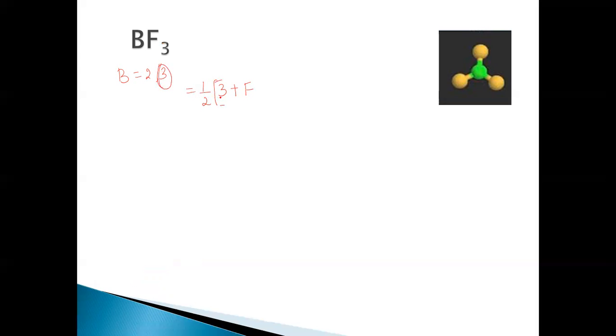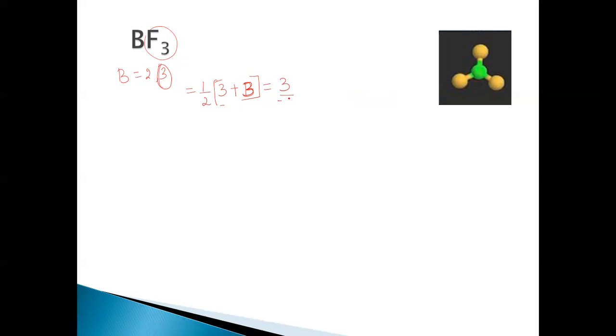These 3 valence electrons are involved in bonding with these 3 fluorine atoms. So there are no lone pairs and no charges also. What is this? Half into 3 plus 3, which is nothing but 3 here.